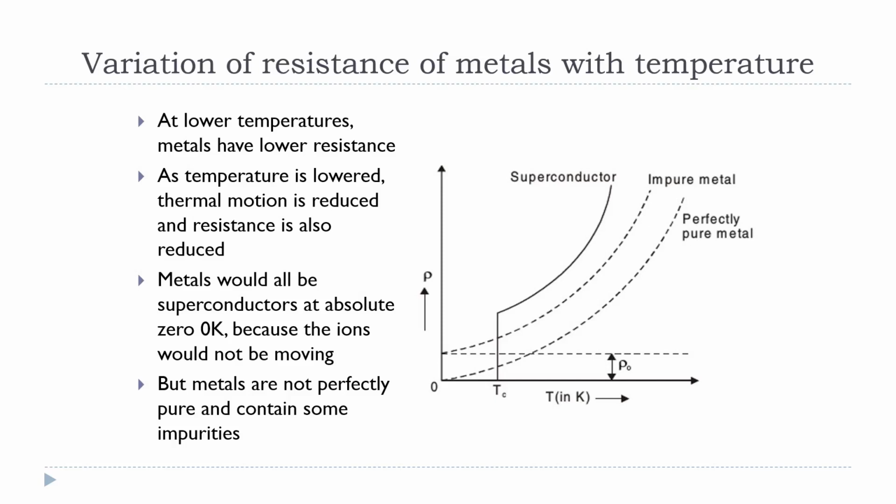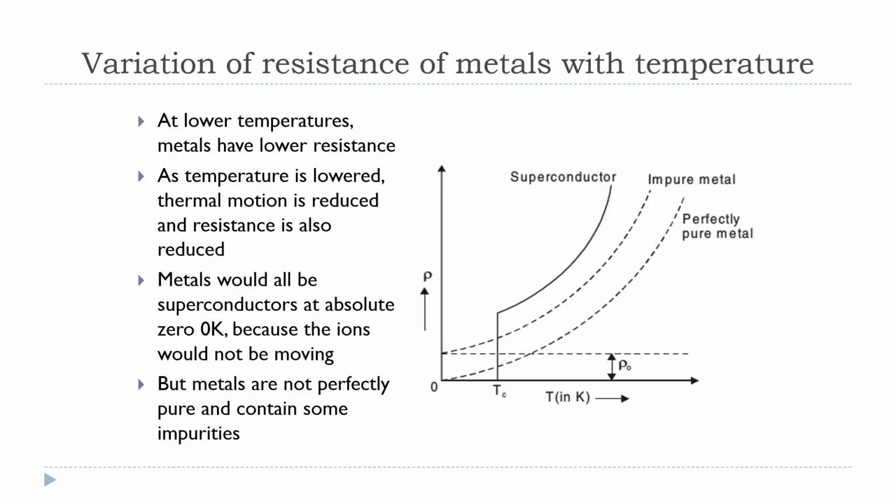Now, if the metal is impure, even though we reduce the temperature of that metal to 0 Kelvin, it will have residual resistivity. This is because of the impurities in that metal.